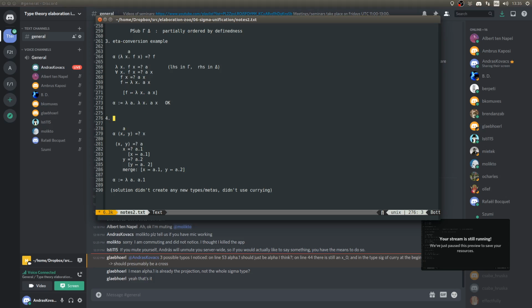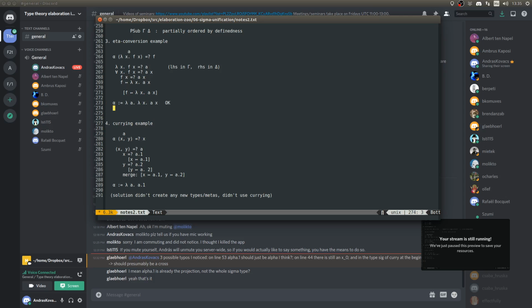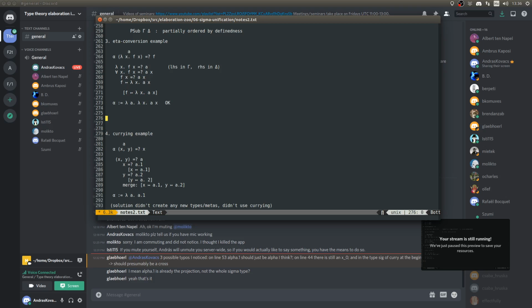Okay, so this is not an eta conversion example, but this is a currying example. I'm sorry, I'm a bit confused. The eta conversion example would be like, I just skip it because it's quite obvious. If I have an alpha and then I do x.1, x.2.